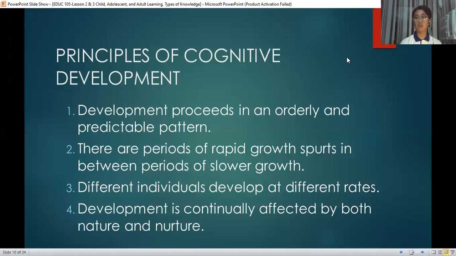It's also about nourishment. So these two are equally important when it comes to cognitive development. I repeat, these are the 4 principles of cognitive development, which we should always consider when we design our curriculum, when we provide activities to our learners, when we approach teaching and learning.